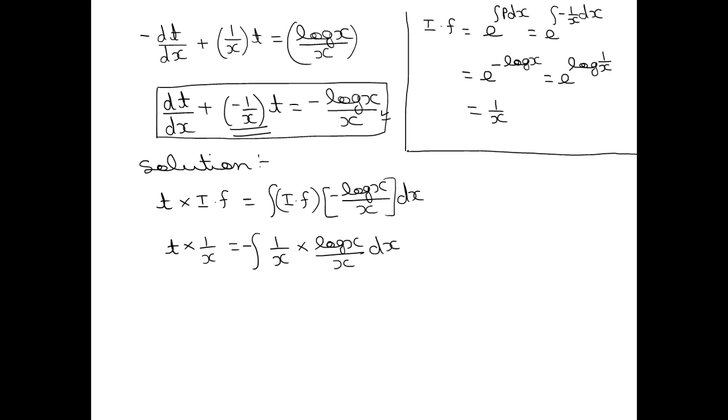Okay, so what is the value of t that we substitute? We substitute t as y raised to the power minus 1. So put the value of t over here. It becomes 1 upon xy equals minus of x raised to the power minus 2 log x dx.